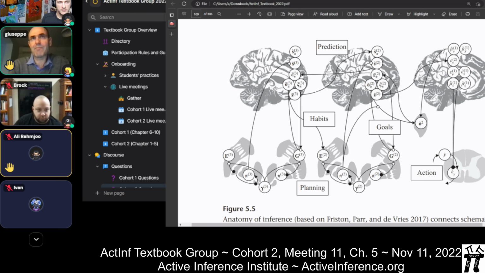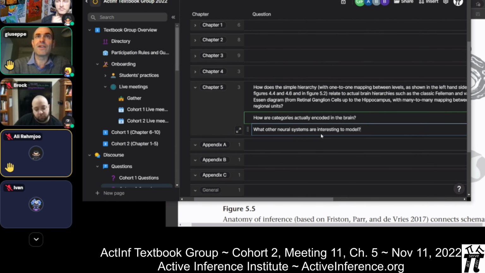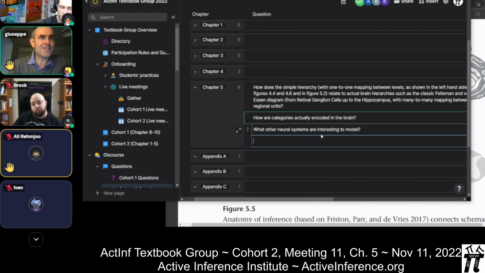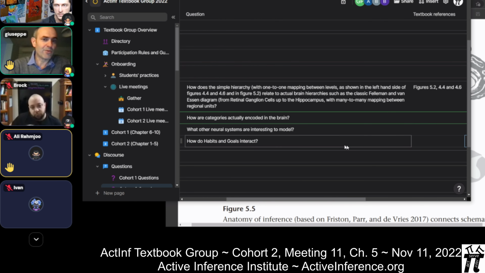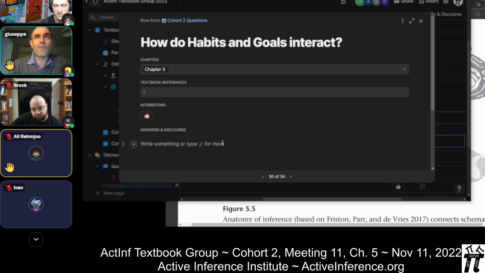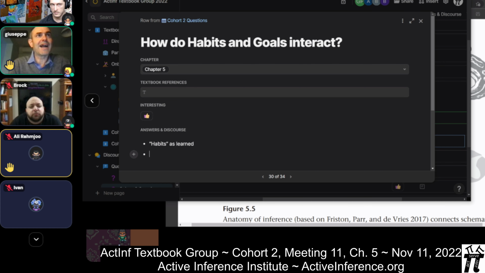Habits are supposedly things that are learned during the lifetime of the agent, as opposed to being deposited through evolution, for instance, because one could say also that the policies with high pragmatic values that preserve the phenotype of the agent are kind of habits, but they pertain to the longer time scale of phylogenesis, so to say.